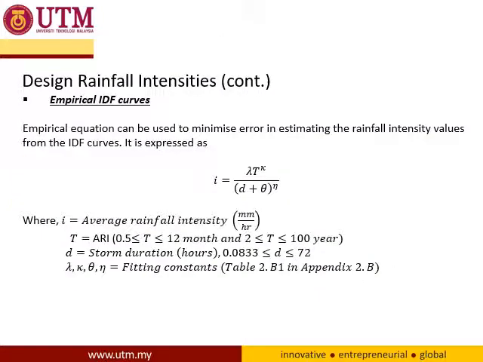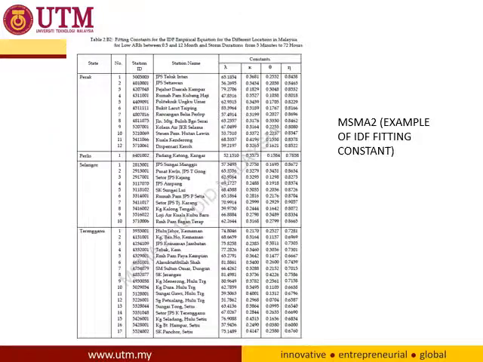Okay, so this IDF curve is actually derived from this kind of formula, which has constants that are different for different stations. This table shows you the station name and the constants.